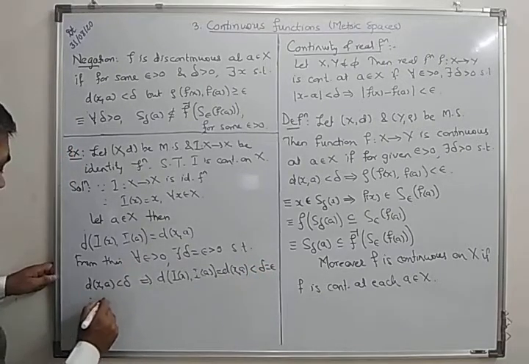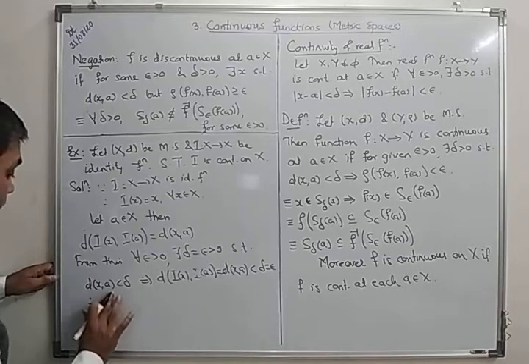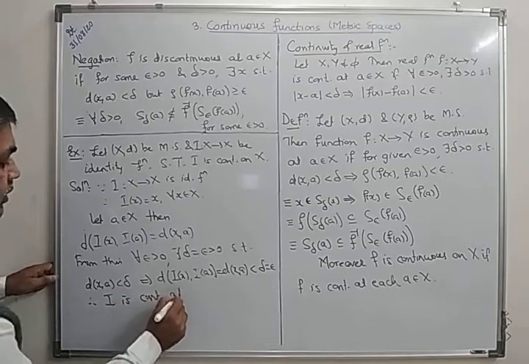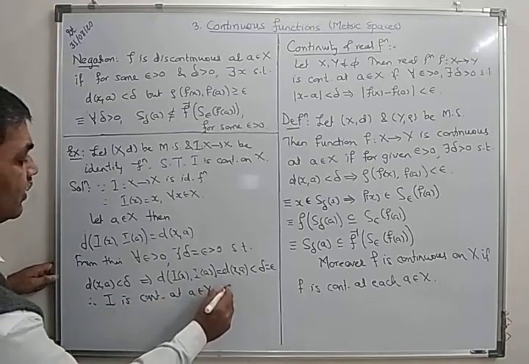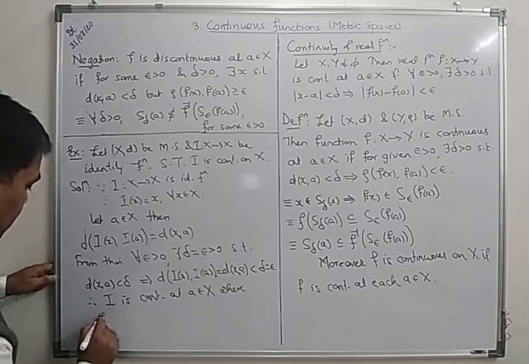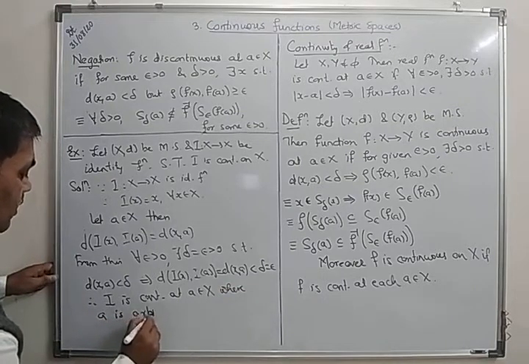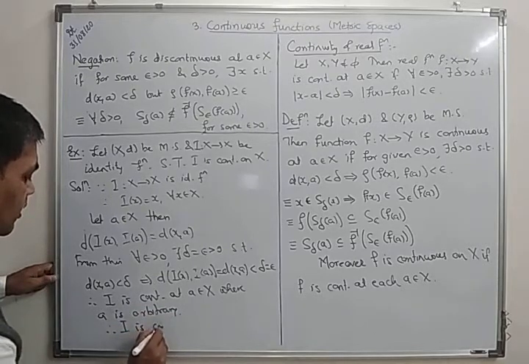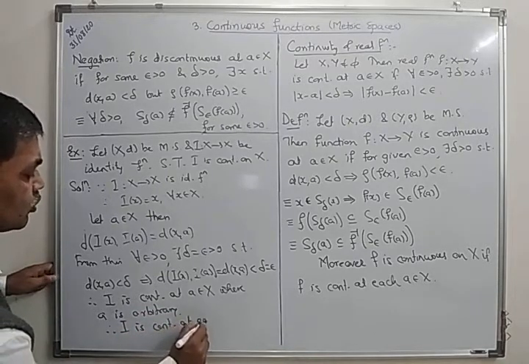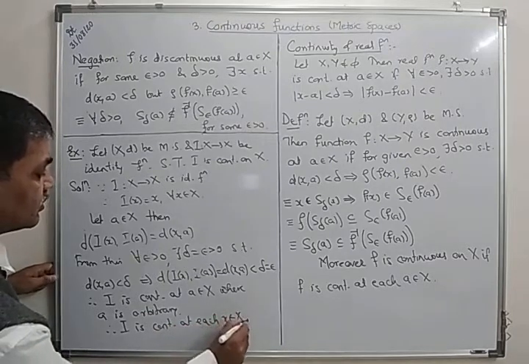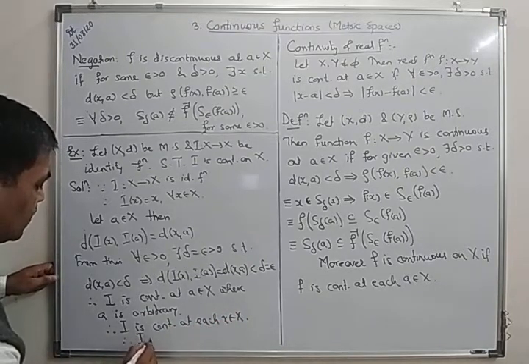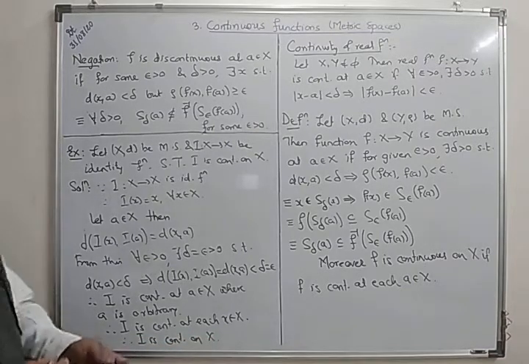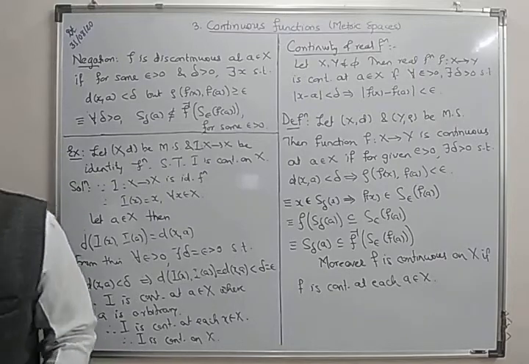And therefore I is continuous at A belongs to X, where A is arbitrary, and therefore I is continuous at each A belongs to X. Therefore I is continuous on X.